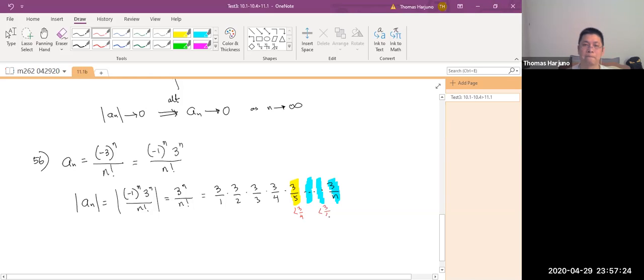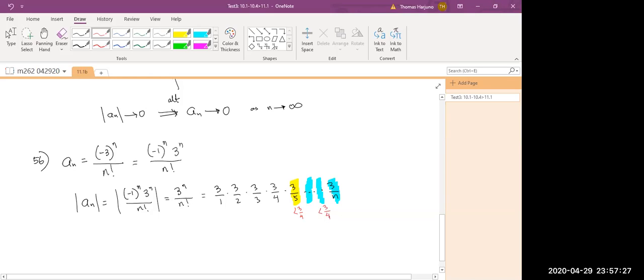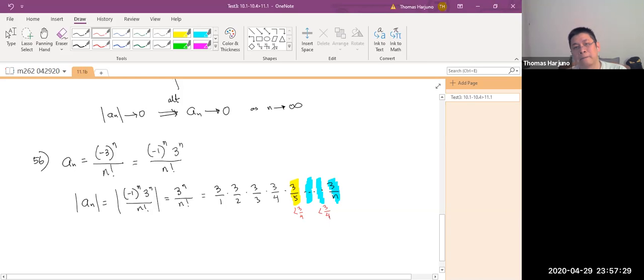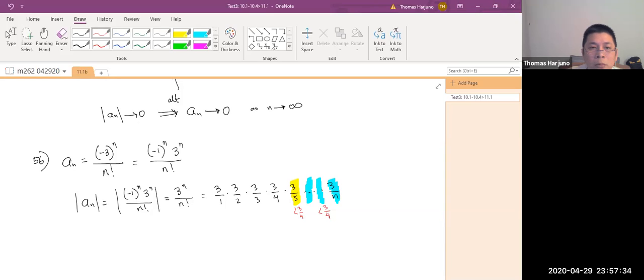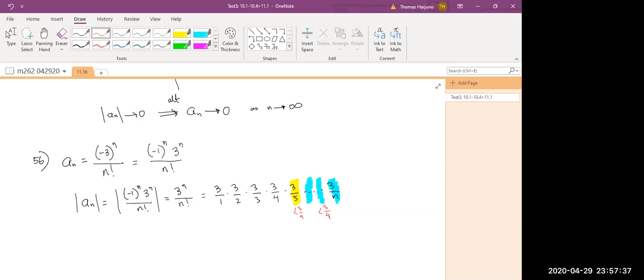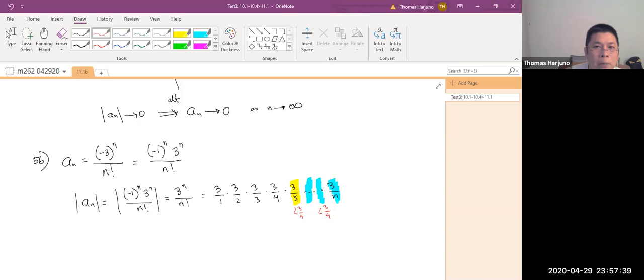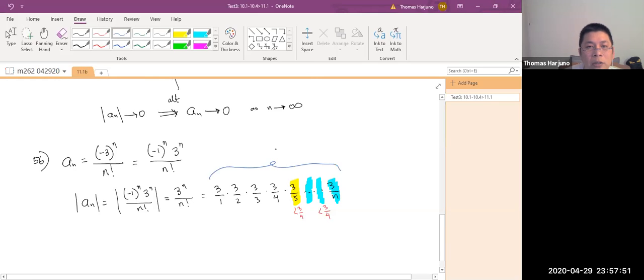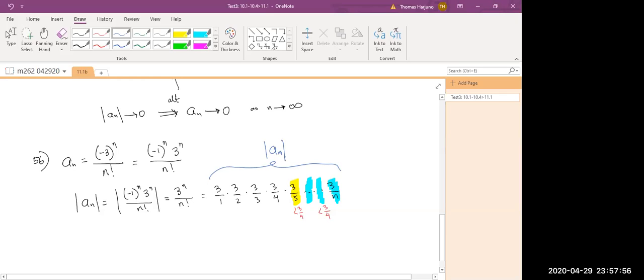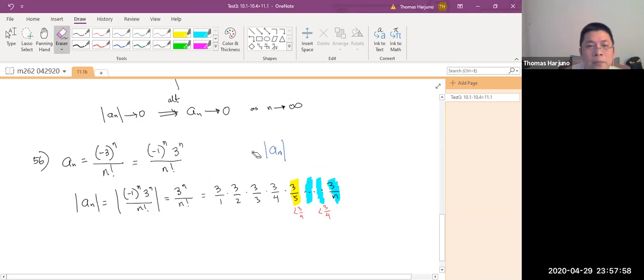It'd be 3 over each of those numbers factorial, right? Well, it would be the same pattern, right? But I'm not multiplying the terms. This is the nth term, the absolute value of the nth term. The absolute value of the nth term will be the whole thing here. This is the absolute value of a sub n.